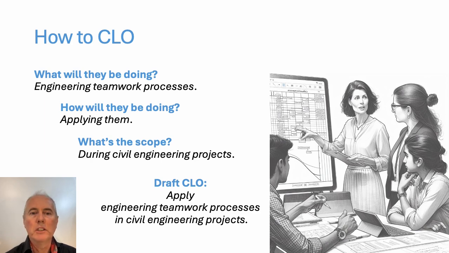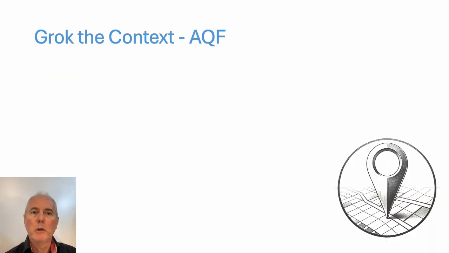This is our foundation. The next step is to ensure that we're constructively aligning the CLOs with other standards like the AQF and the program learning outcomes, or as I like to say, to be buzzword compliant. First up is the Australian Qualifications Framework, AQF. It helps us pitch the learning expectations at the right level.